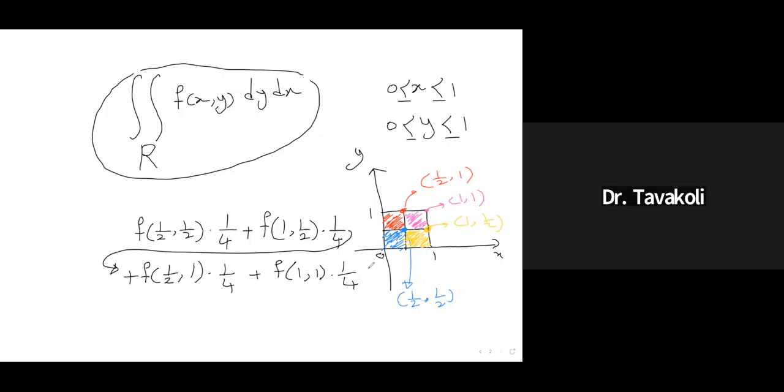If I add up these four terms, I get an approximation of the double integral. Of course, if I make it into 9 small equal squares, I will have 9 terms, and each of those fractions, instead of 1/4, will be 1/9. As I mentioned, when we increase the number of partitions, we get a better approximation.